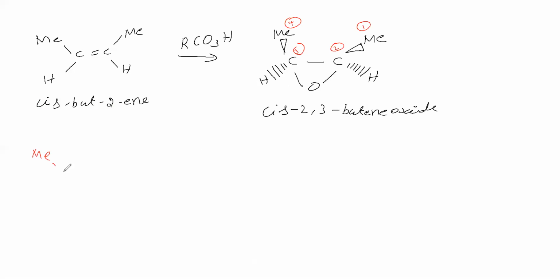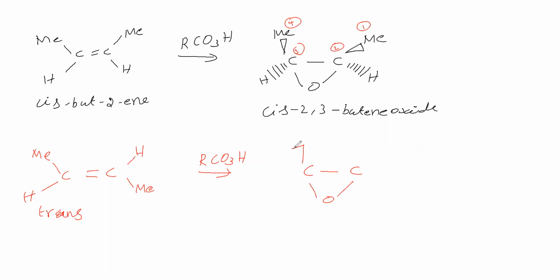So now we will take trans. We will take here methyl, carbon, hydrogen, double bond carbon, hydrogen, methyl. It is a trans butene, a trans isomer. Now we will treat this with peroxy acid. What will we get? That we will see: C single bond C with O like this. Now one methyl group is projecting towards us, in the sense one methyl group will be down, at the rear.